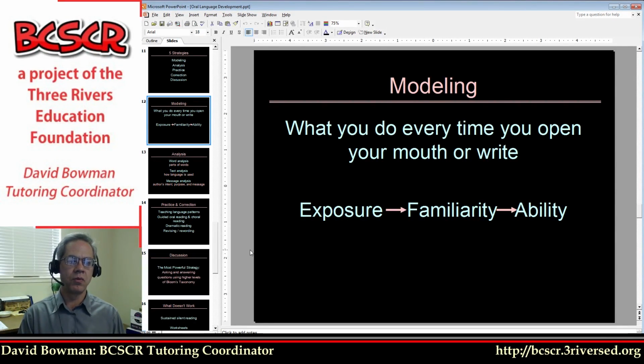What are the words we use to name things, right? We have that exposure. The exposure leads to a familiarity with language in that particular context, that particular culture, and then we gain an ability to communicate ideas. Your first and primary role then is to make sure that you are modeling appropriate, correct language use.